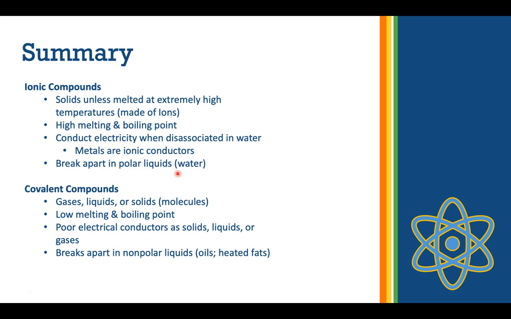Water is an example. Covalent compounds include gases, liquids, or solids as molecules. They have low melting and boiling points. Covalent compounds are poor electrical conductors, whether solids, liquids, or gases. They break apart in nonpolar liquids. Oils and heated fats are examples of nonpolar liquids.